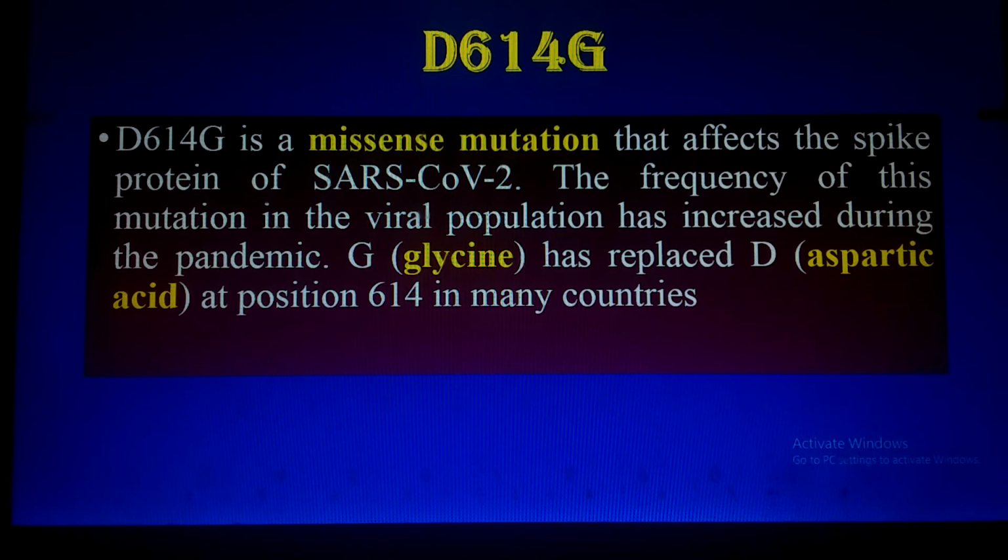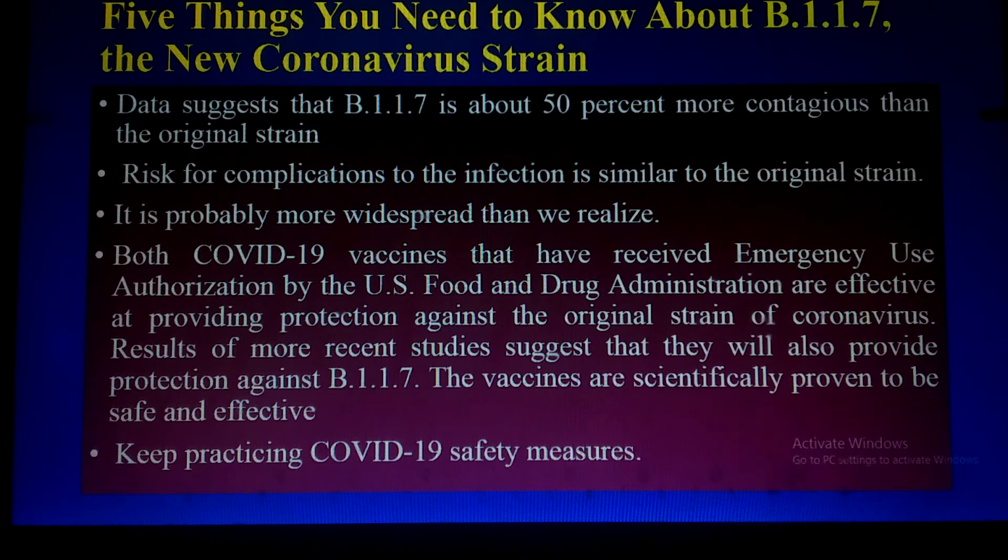D614G is a missense mutation that affects the spike protein of SARS coronavirus 2. The frequency of this mutation in the viral population has increased during the pandemic. In this case, glycine has been replaced by aspartic acid at position 614 in many countries. Is it clear? I hope the concept is clear.